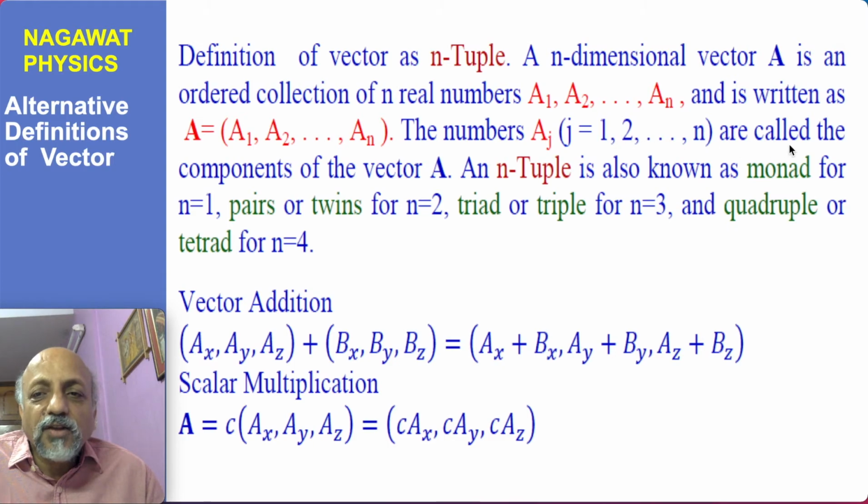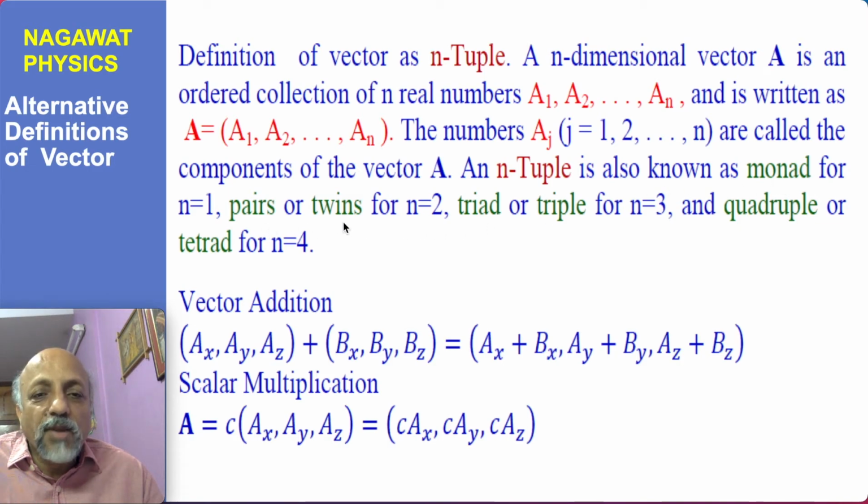If you write it in this manner, it is called an n-tuple, and in this manner Hamilton introduced the concept of vector. An n-tuple is known as a monad for one dimension. So if you use only one number, it is called a monad.